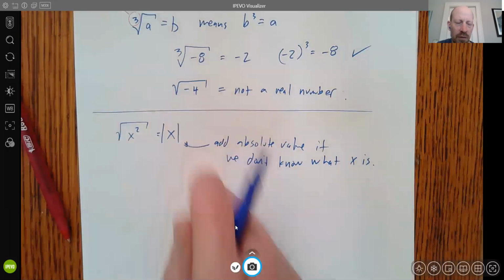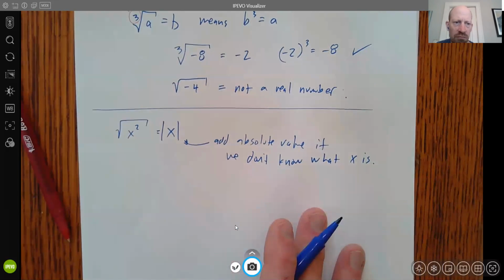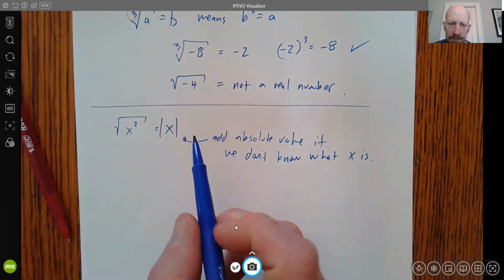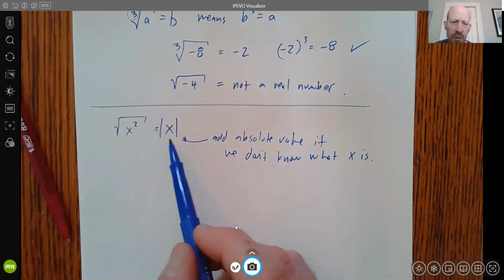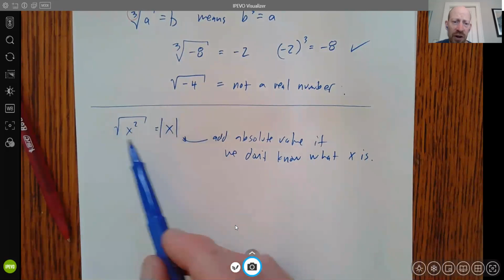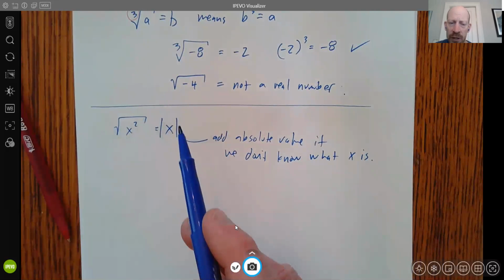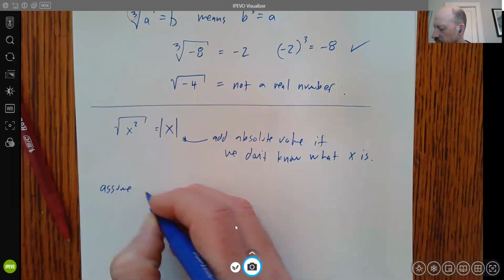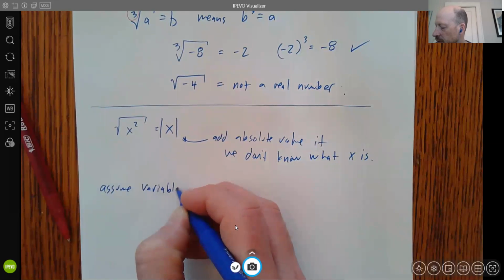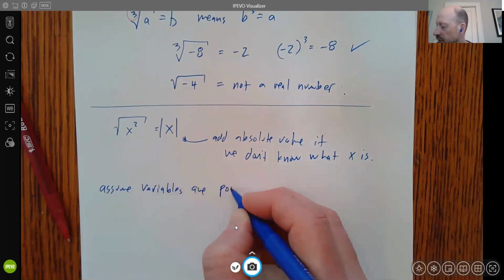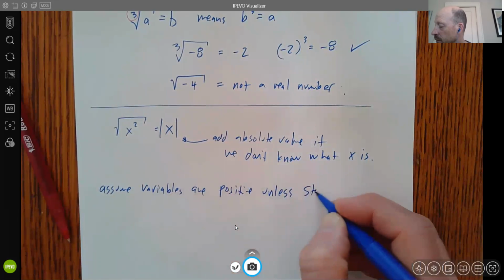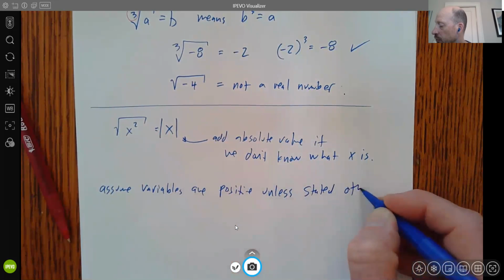I think that's touching on the most tricky parts of homework one. A lot of times you'll see problems that try to get out of this situation, and the way they do that is we're going to assume that the variables are positive unless they're stated otherwise.